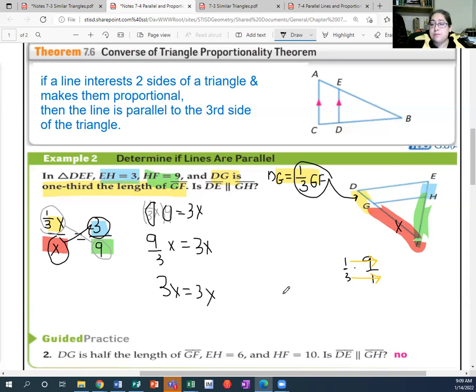Okay, if I were to divide both sides by 3, I get something weird like x equals x. Wait a minute, this really does work out. Here's the reason why. That's telling us that whatever this fraction is, it's the same as this fraction.